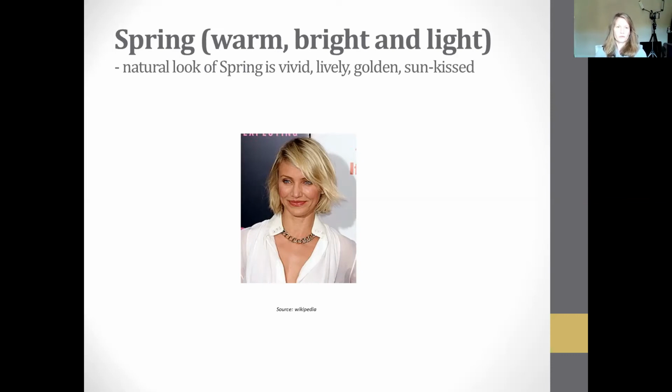But there is a red that is suitable for everybody. For a spring, it would be more of that corally red. And for winters and summers, it would be more of a true bluey type red, because of the coolness that needs to come through when wearing that red colour.